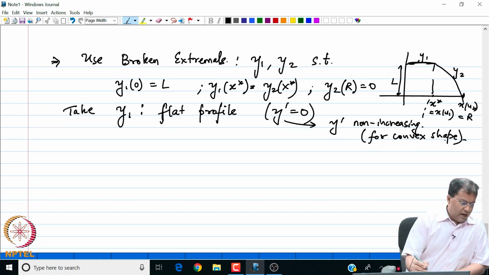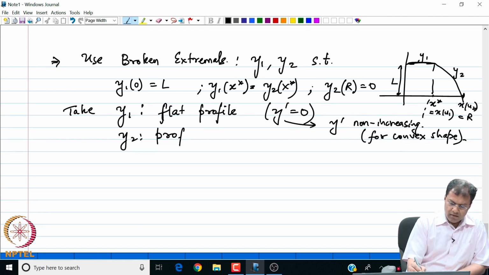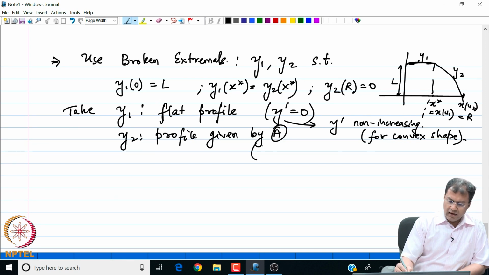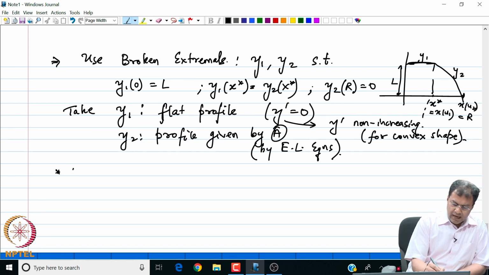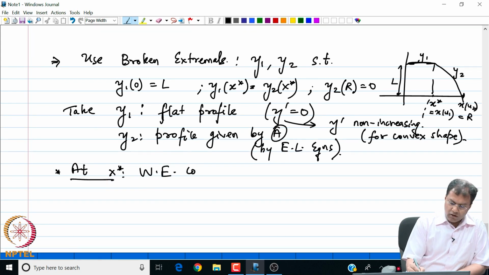And then we can take y2 to be the profile given by my Euler-Lagrange solution, or this is arrived from the Euler-Lagrange equation. So, what have we got? At x star, the point of continuity, we also should satisfy the Weierstrass-Erdmann corner conditions.